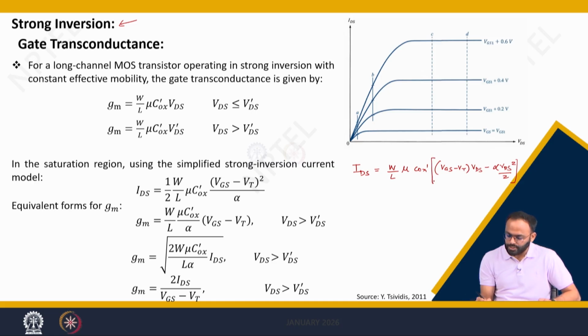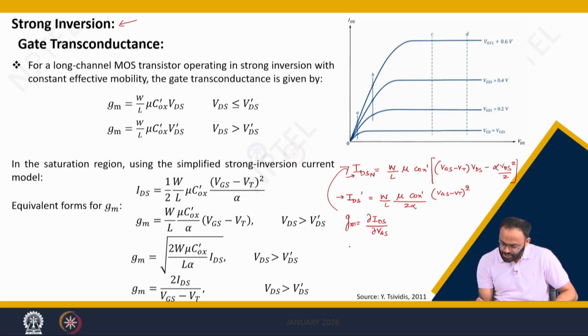This is defined under the non-saturation region, IDSN, whereas in the saturation region IDS dash is equal to W divided by L, mu into COX dash into VGS minus VT whole square divided by 2 into alpha. Now, let us calculate GM, which is defined as the change in the current with respect to change in VGS. We can define the transconductance for two different regions of operation, one non-saturation and one saturation.